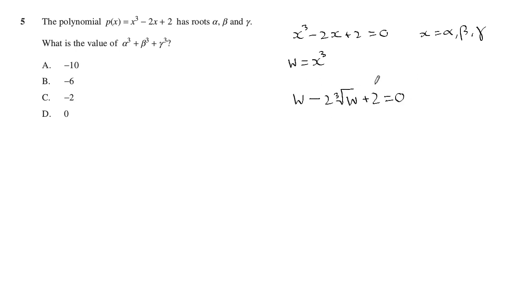Now, this equation has the solutions w equals alpha cubed, beta cubed, gamma cubed, because we know that if x equals alpha, that solves that equation. So w equals alpha cubed must solve this equation. So that means if I can turn this into a standard cubic equation, then I can read alpha cubed plus beta cubed plus gamma cubed off the coefficient on the w squared.